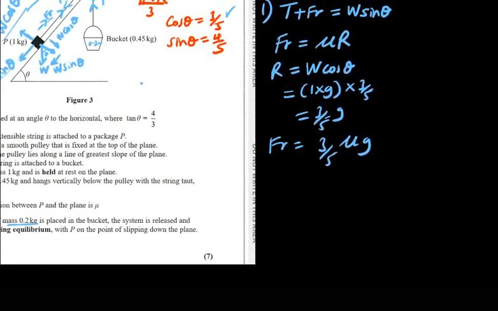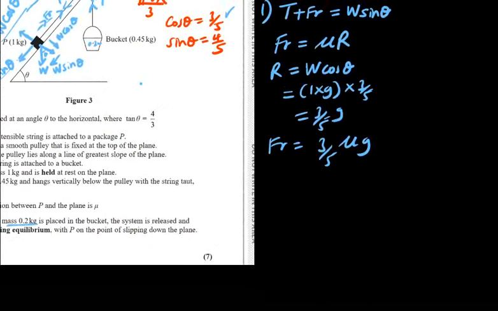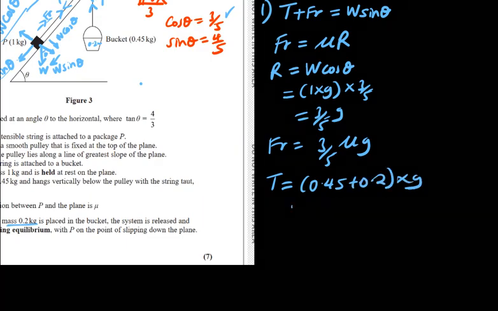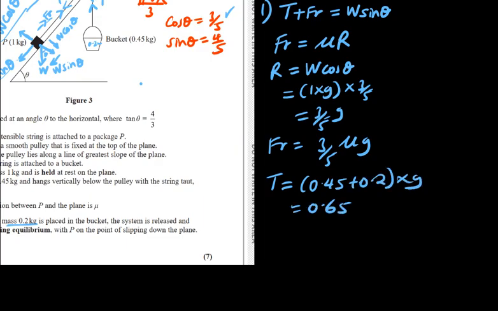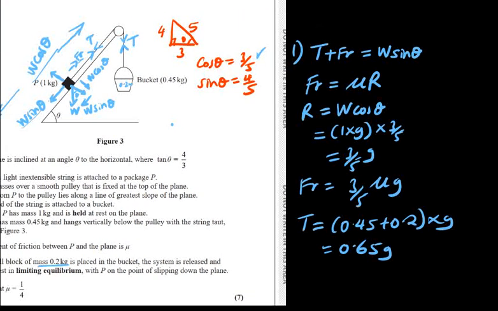Now our tension is going to be 0.45 plus 0.2 multiplied by gravity, which is going to be 0.65 g. That's basically the force that's pulling this. We can just say it's just the weight of the bucket that's pulling this mass over here. That force is evenly distributed along the string.